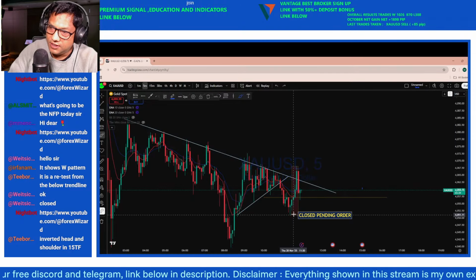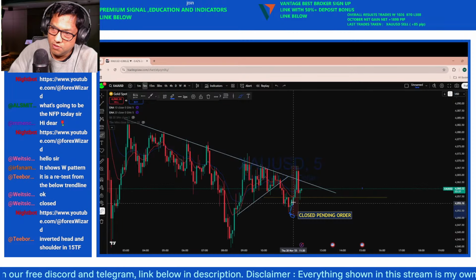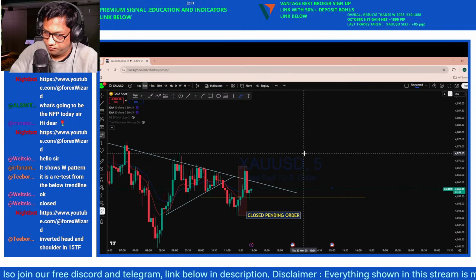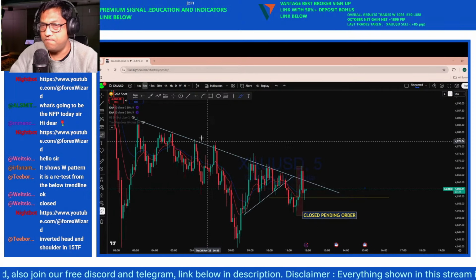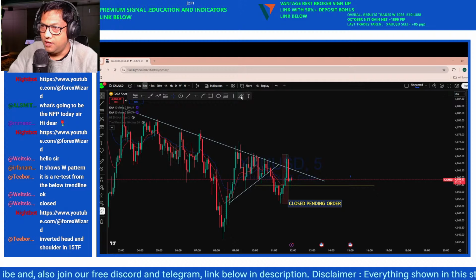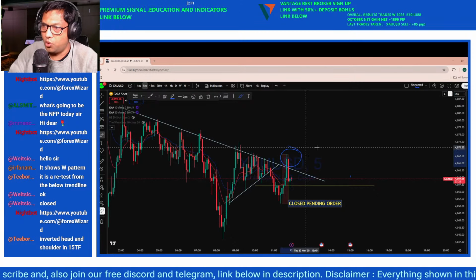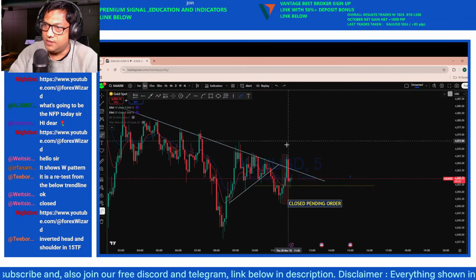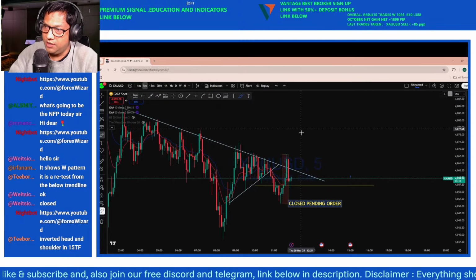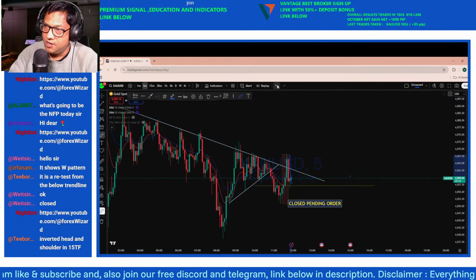And then there is one single bounce here that has broken out of that trend line. That series of lower highs is now broken. That's a break of structure, liquidity grab, and you see that rejection.